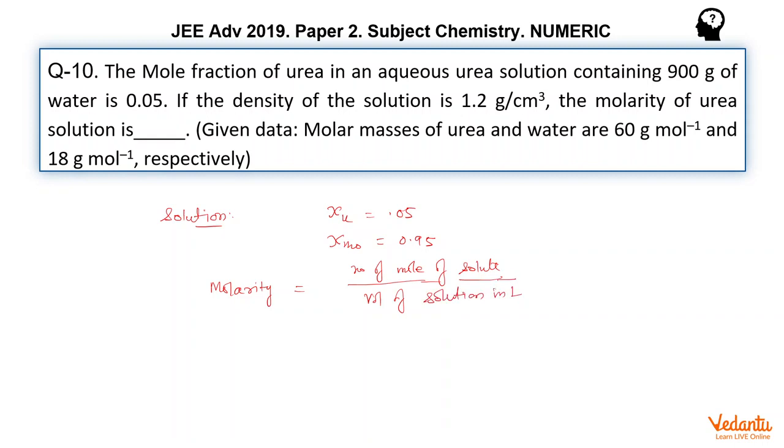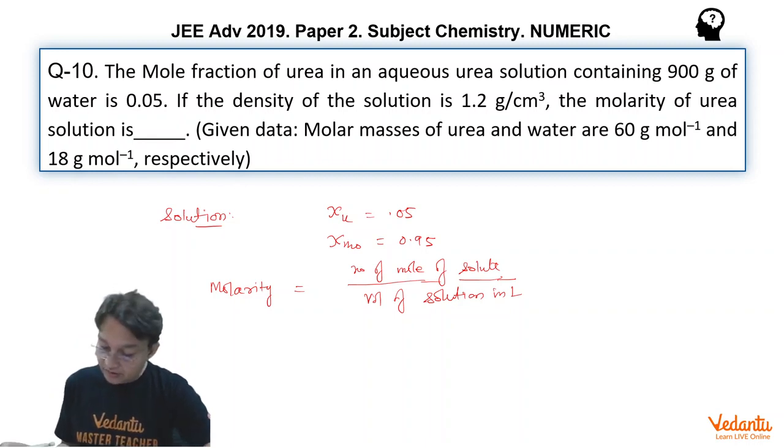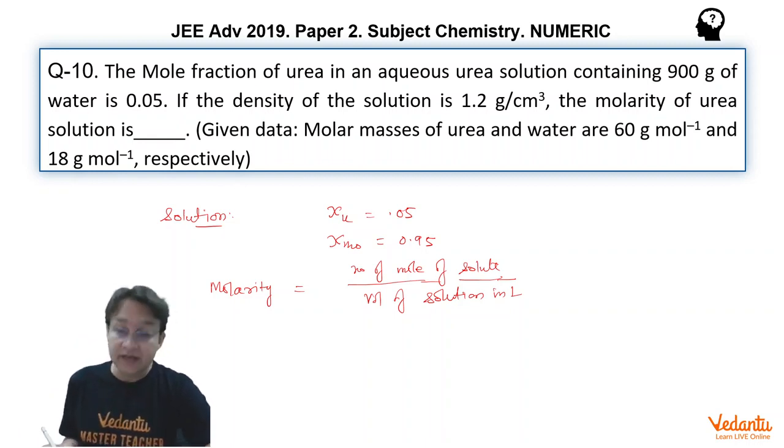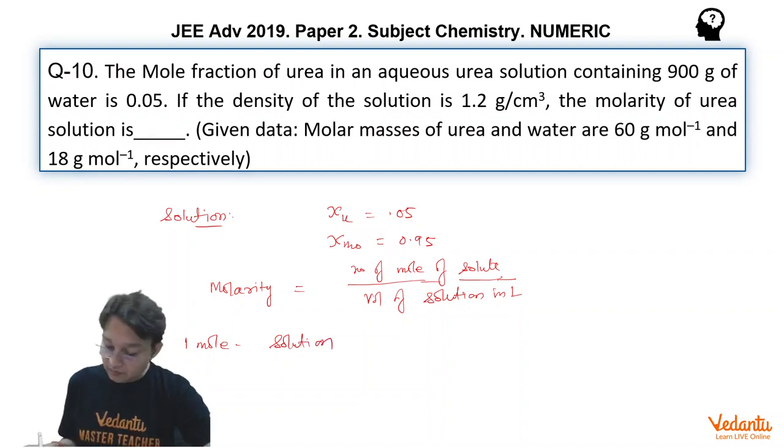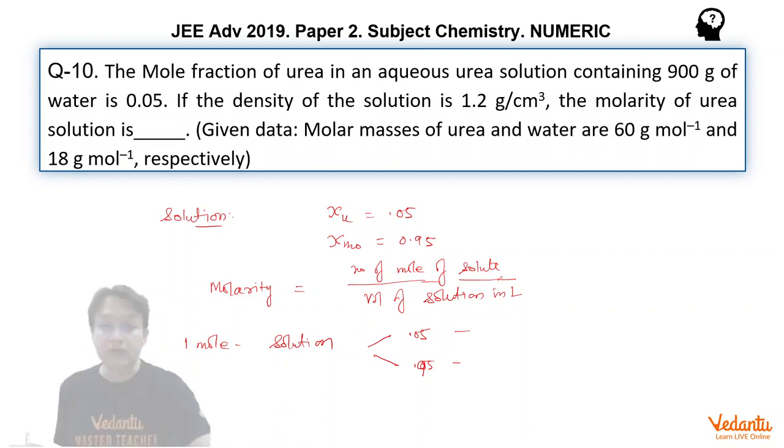So obviously, to find the molarity, first of all, let us assume that we have 1 mole of solution. And in this 1 mole, we have 0.05 mole of urea and 0.95 moles of water.